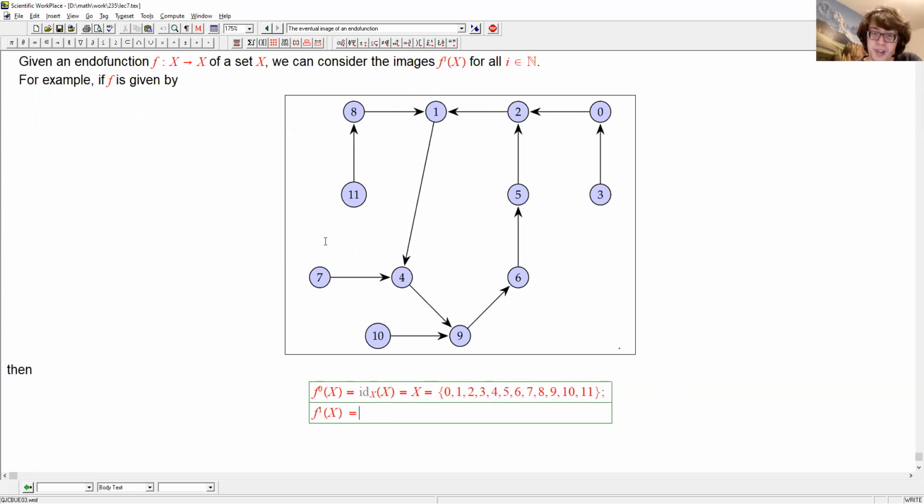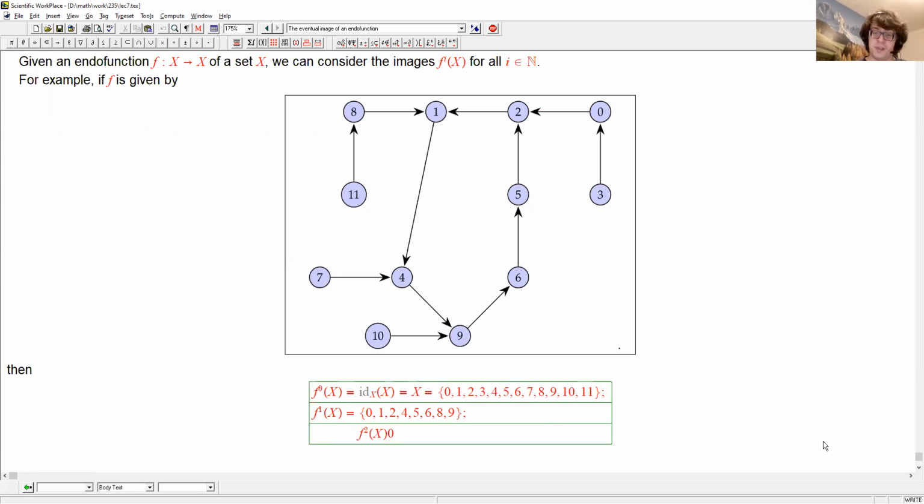So you lose 11. You also lose 7 and you lose 10. And you lose 3 because 3 is also not hit by anything. So what remains? The cycle remains, and also 8 remains and 0 remains. 8 is the image of 11 and 0 is the image of 3.